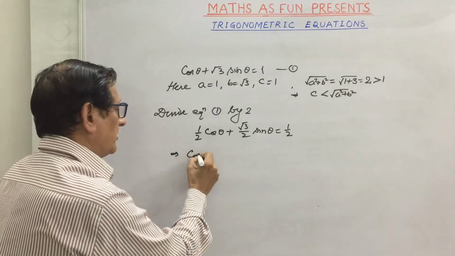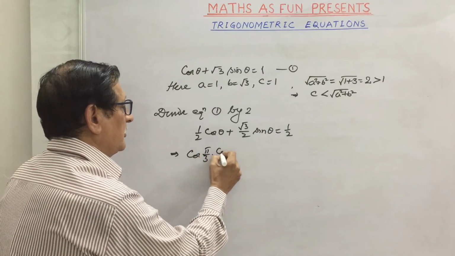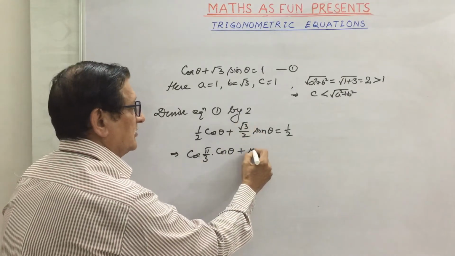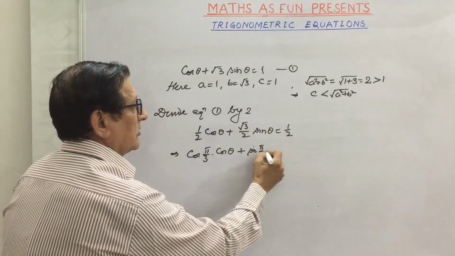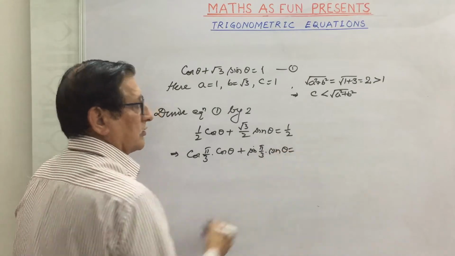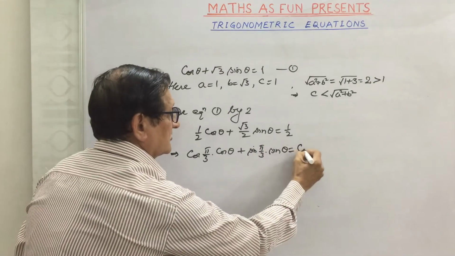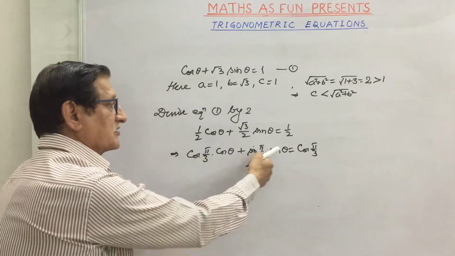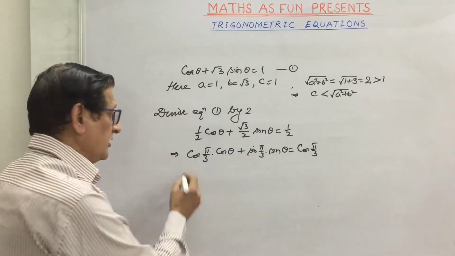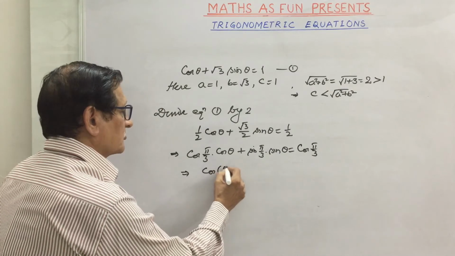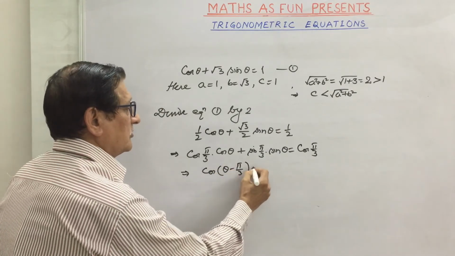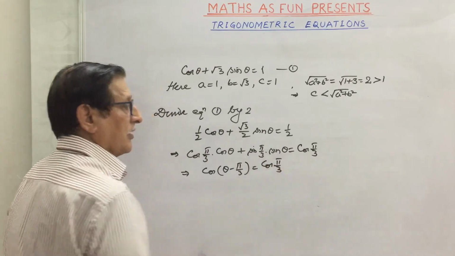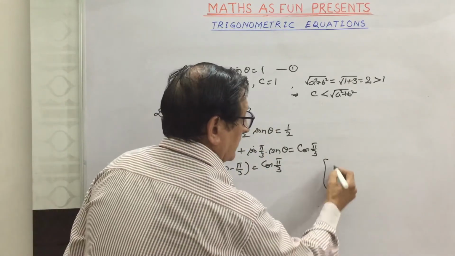So we can write here, this is cos pi by 3 into cos theta plus, now you see automatically this is sin pi by 3 into sin theta, and this also we know is cos of pi by 3. Cos A cos B plus sin A sin B is cos of A minus B. So we can apply here cos of theta minus pi by 3 is equal to cos of pi by 3, and we can apply the formula here.